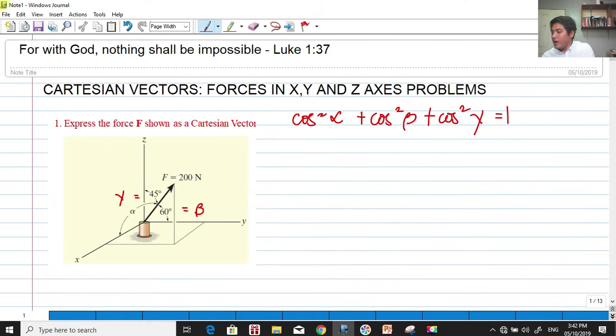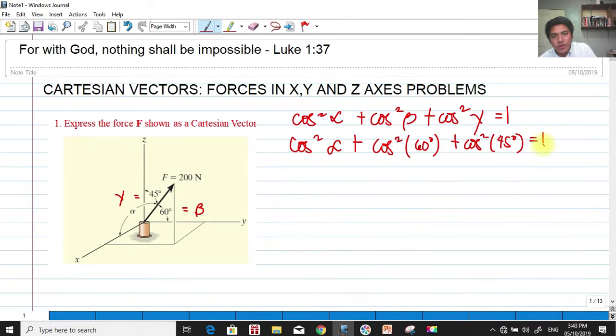So if we are going to solve this problem, what are we going to do? Cosine squared alpha plus cosine squared of beta, which is 60 degrees, plus cosine squared of gamma, which is 45 degrees, equals 1.